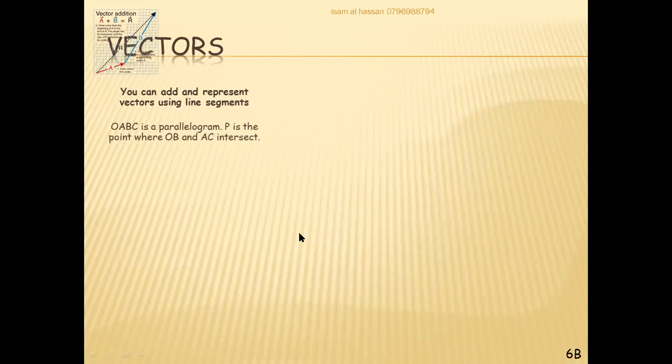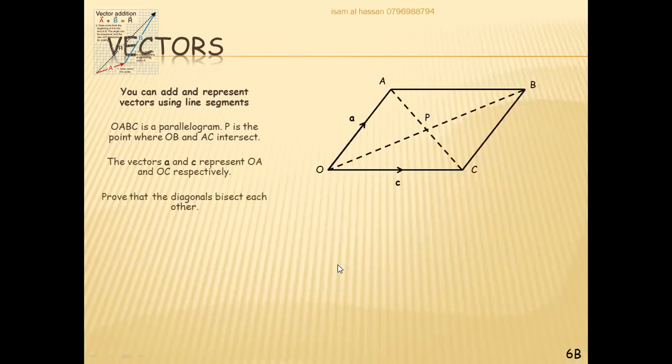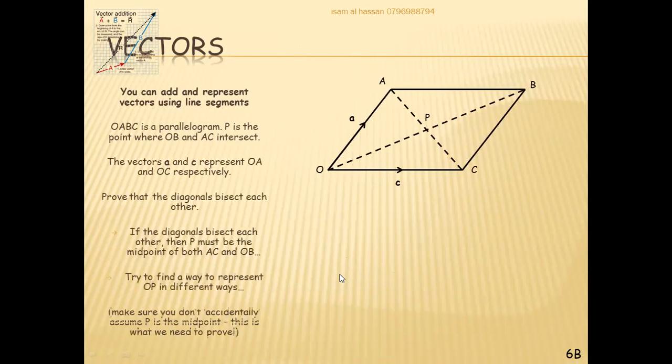Okay, parallelogram, then the points. This is the parallelogram and it is sketched in this way. Now, when we start, they need us to find a way to express OP.